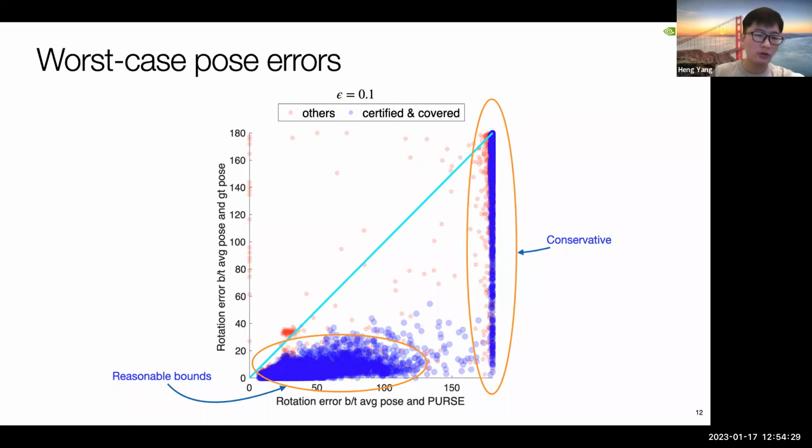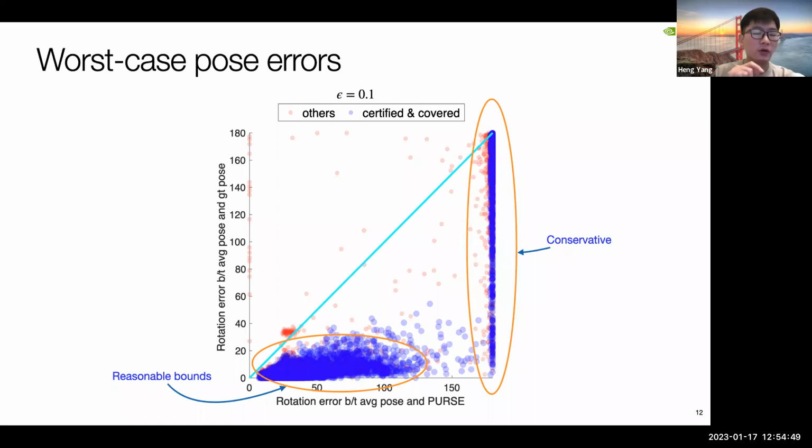But then when you also look at the left y-axis, if you look at those red points lying precisely on the y-axis, those cases give you an error bound that's 0 degrees. That doesn't make sense, right?